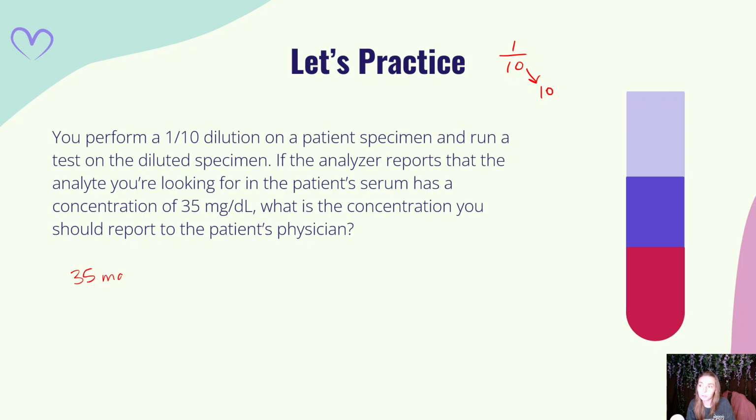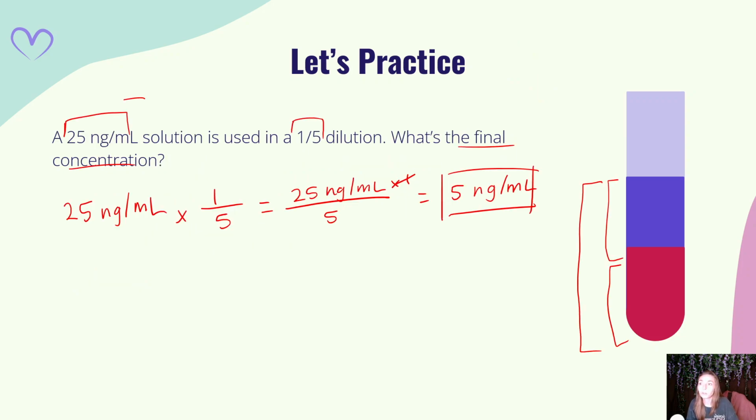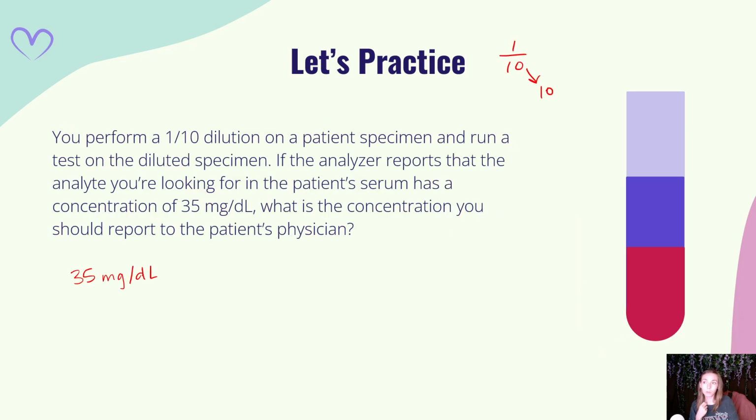35 milligrams per deciliter. On the previous slide, we diluted it by a factor of 5, right? We made it less concentrated. We made the value that is present within that specimen less available. So we divided it. Here, we're doing the opposite. We need to get back to the original concentration.